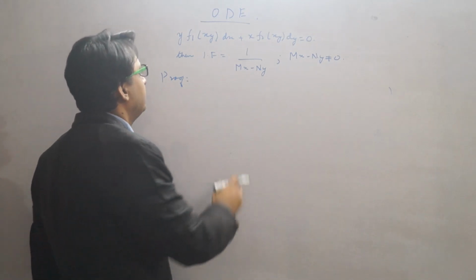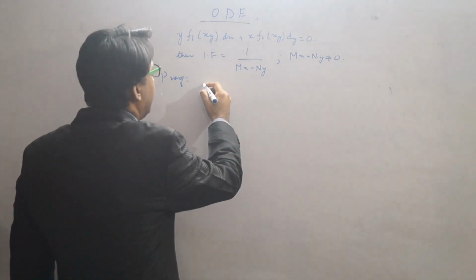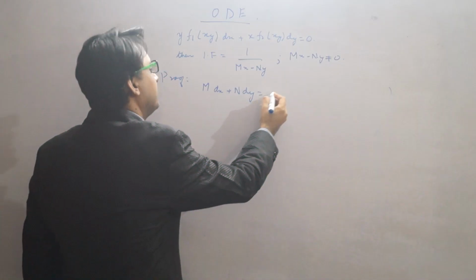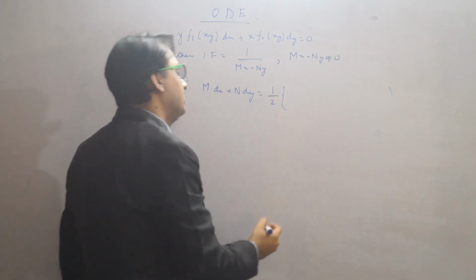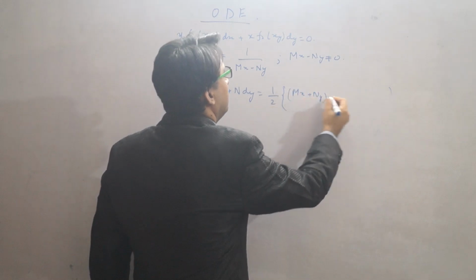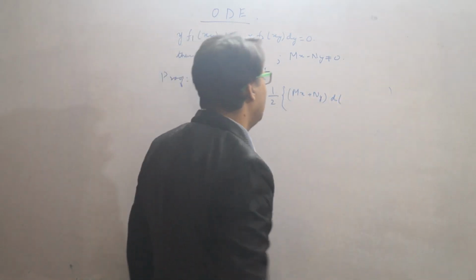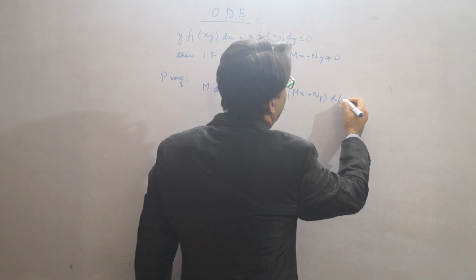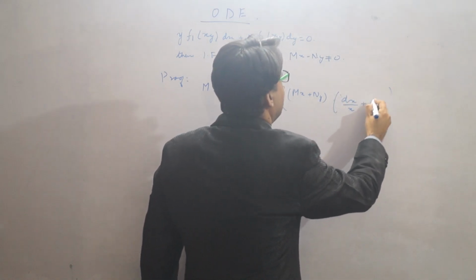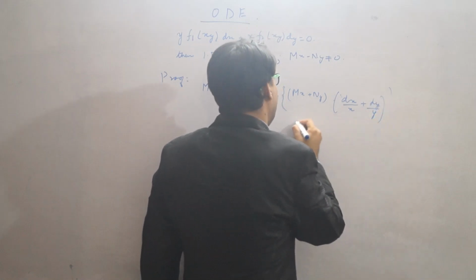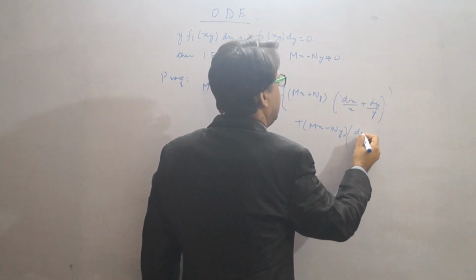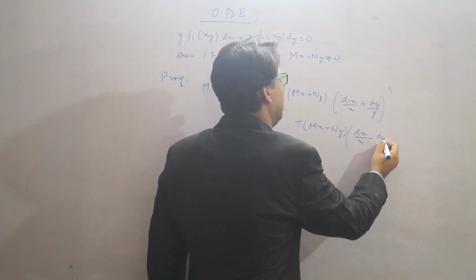Again we start with the same thing: m dx plus n dy is equal to half of (mx plus ny) d(x by x plus dy by y) plus (mx minus ny) (dx by x minus dy by y).